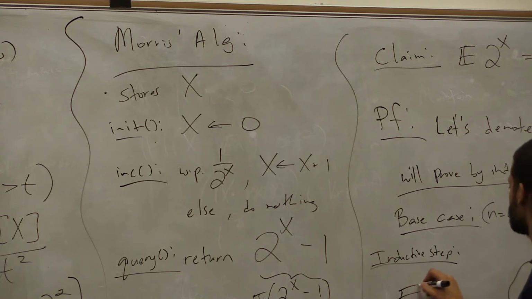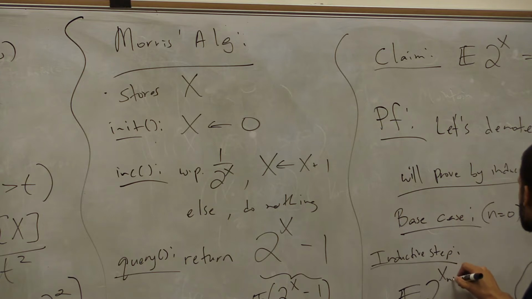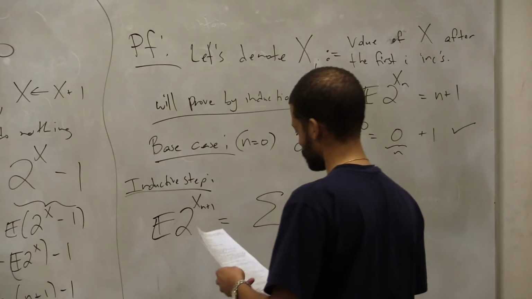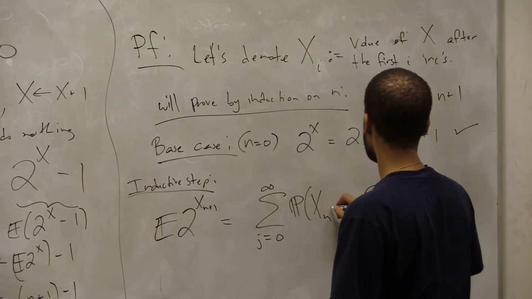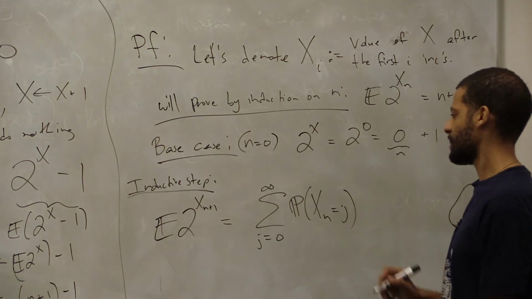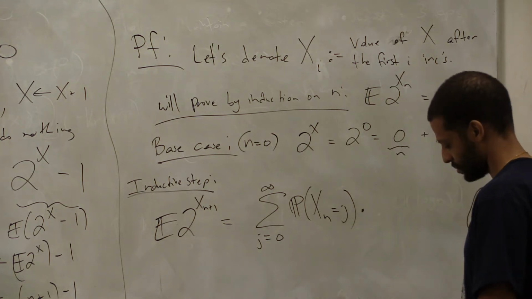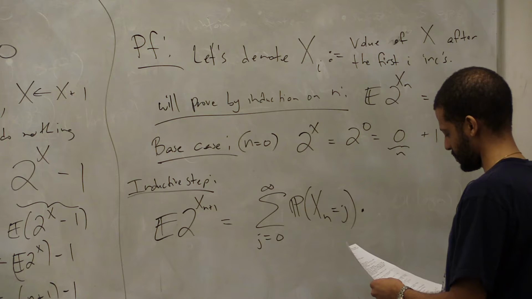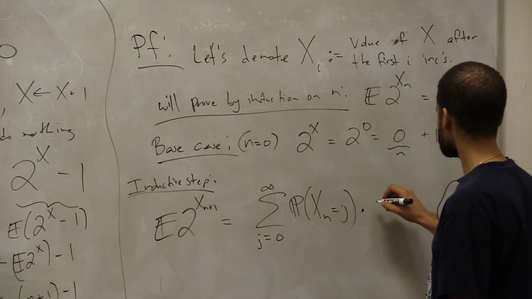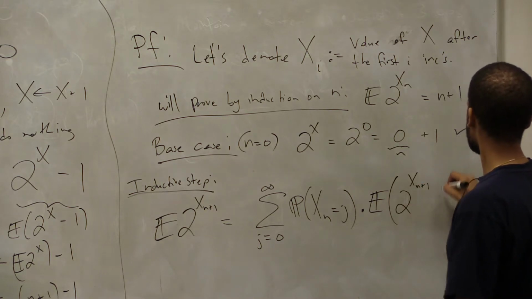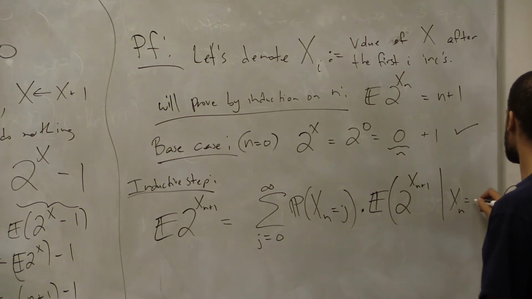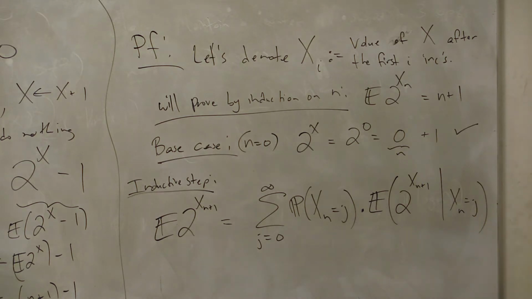Notice that the expectation of 2 to the x n plus 1 is equal to the sum over j from 0 to infinity of the probability that xn is equal to j, times the expectation of 2 to the xn plus 1 given that xn is equal to j.